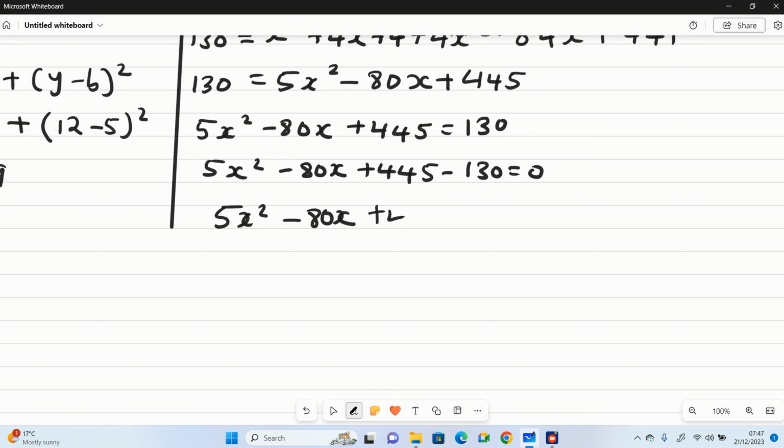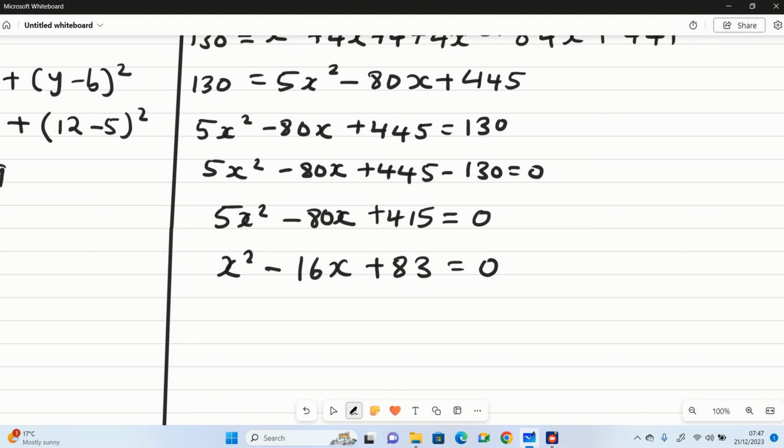So it's plus 415, we are going to have a 0. So we can simplify this by dividing by 5 on both sides. You can see the equation is a multiple of 5. So 5 divided by 5, we get 1. 1 times x squared, we get x squared minus 80 divided by 5, we get 16. 16 times x, we get 16x. Then plus 415 divided by 5, you are getting 83. So this one becomes 83 equal to 0.